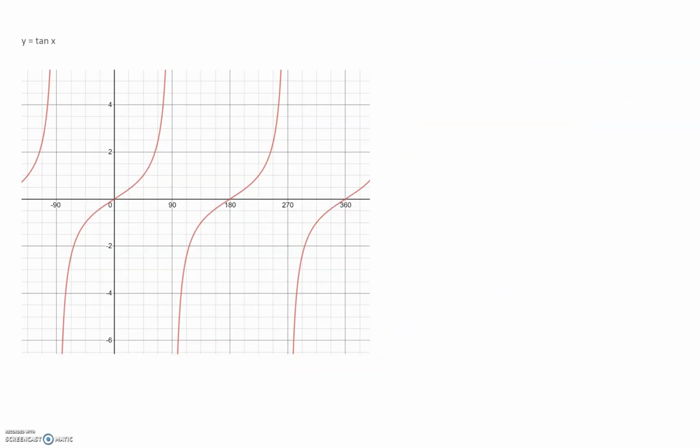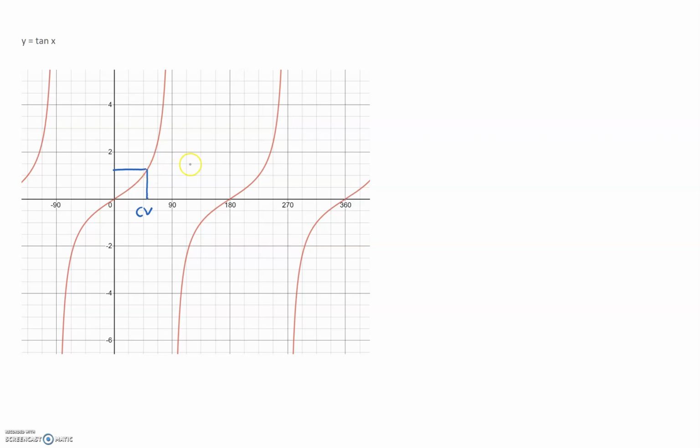For tan, it's a bit simpler. If I do inverse tan of some value, it will hit the curve and give me the calculator value. Now, tan is a special type of curve that repeats itself every 180 degrees.